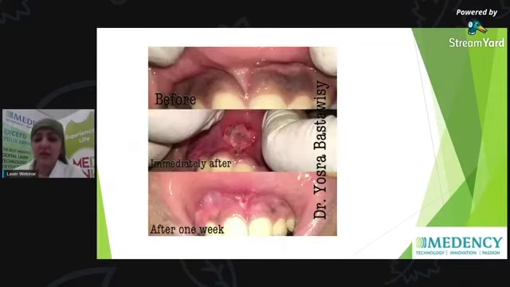Here you can see the before picture and the immediately after. This was a child, as I can remember, and the immediately after is blood-free. And I did photobiomodulation also after doing the surgery. He was feeling pain, so I did the photobiomodulation, and this is the after 1 week picture. It's not completely healed, but it is almost healed.